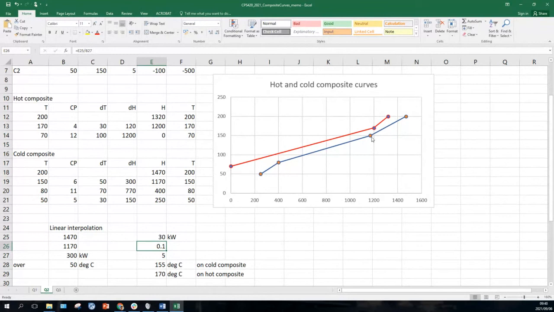You're going from this point, 170, to that point in the enthalpy. This enthalpy is 170. That enthalpy is 1200. So we want to see going 30 kilowatts this way along this cold line.